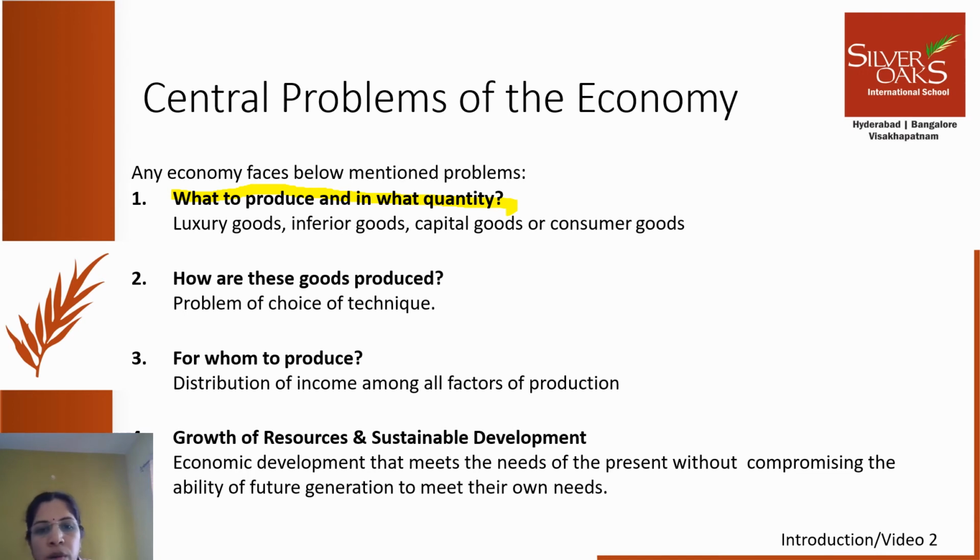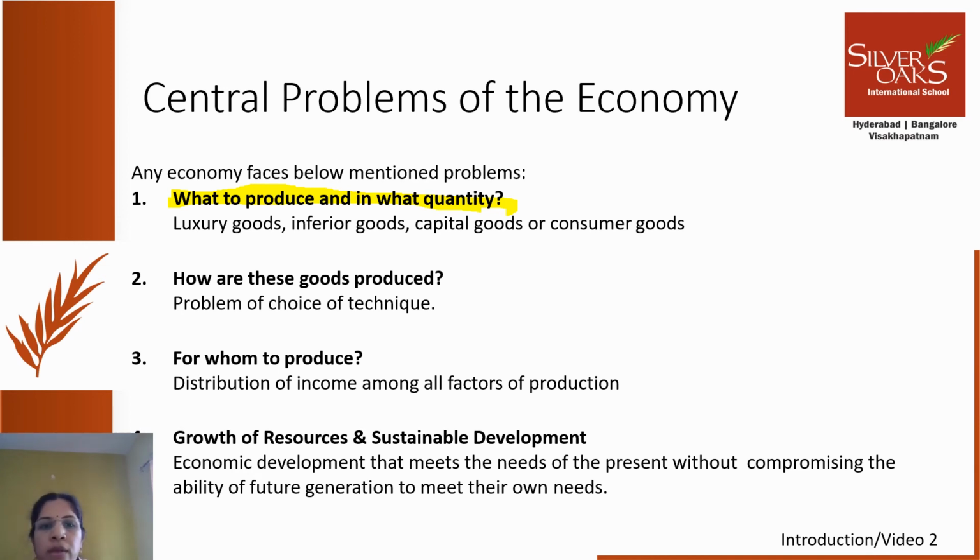It also has to produce medicines. Hundreds and thousands of requirements will be there in any economy. But resources are not unlimited, right? So that is where the first problem comes: what to produce and how much, in what quantity.